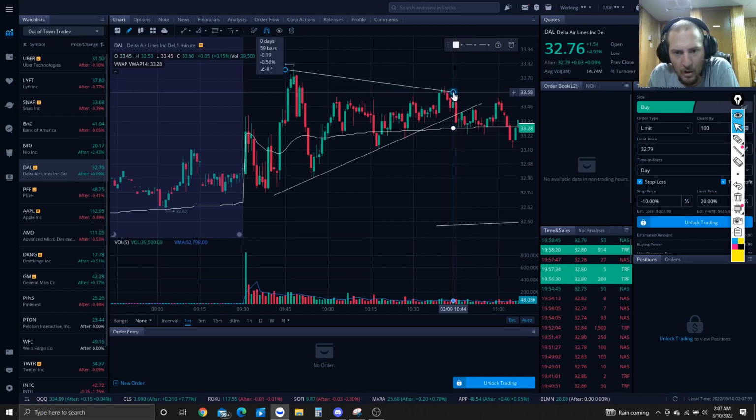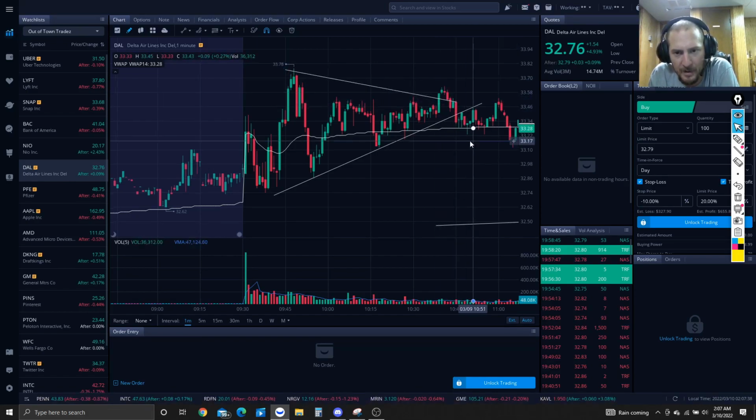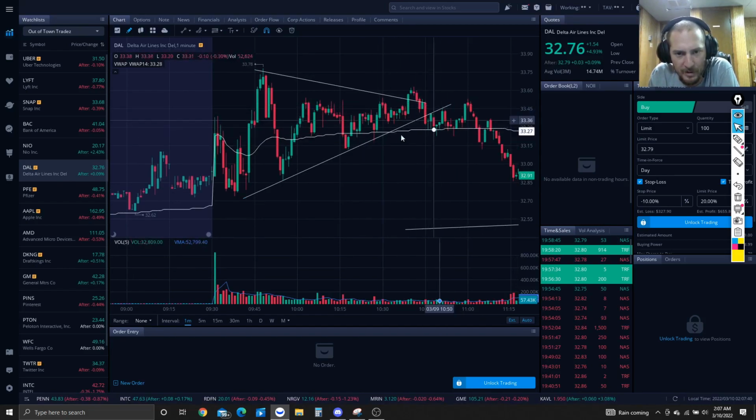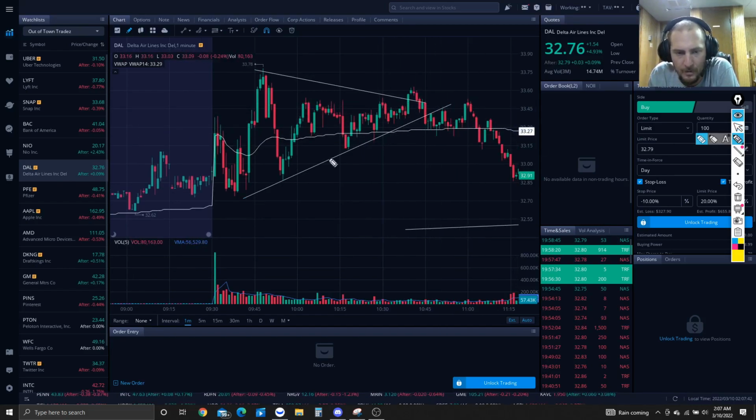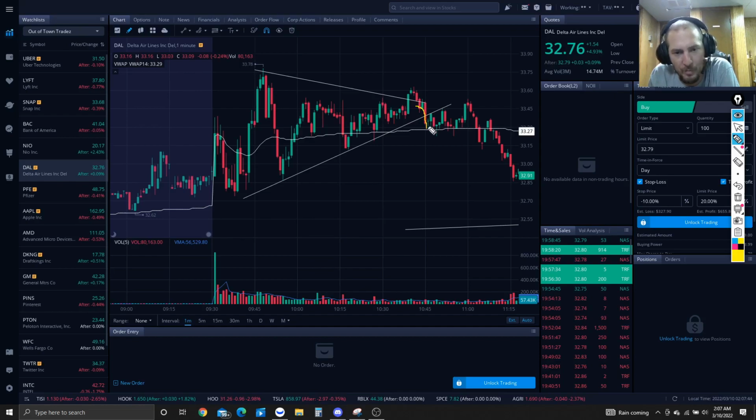And then what ends up happening, if you had got long here based off of this, you would have taken a small stop, but then you get this very clear breakdown, right? So you break through, you pop up and retest these levels again right in here, and then you fall below VWAP and retest VWAP. You can create a very good entry here, right?